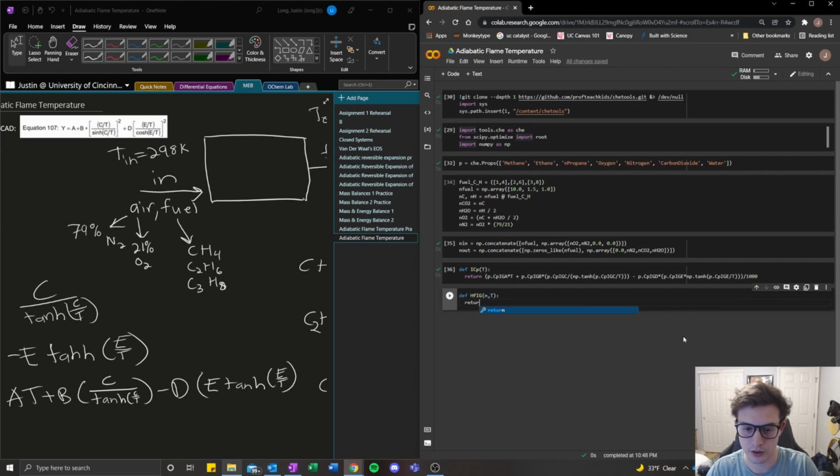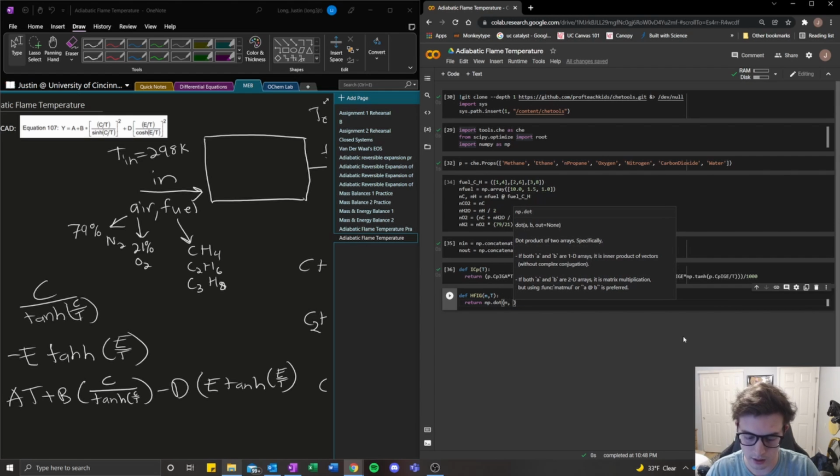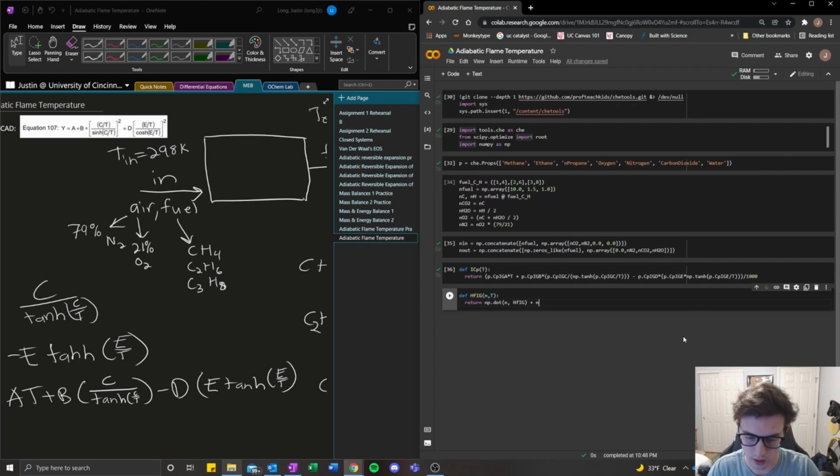And so we are going to return the dot product of the number of moles and the heat of formation of an ideal gas plus the dot product of number of moles and the difference between the integration of the heat capacities at the temperature T minus the integration of the heat capacities at temperature 298.